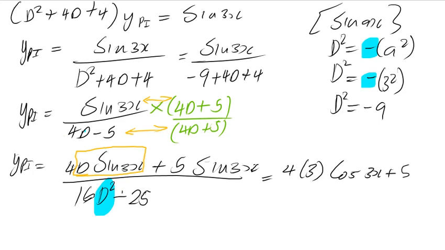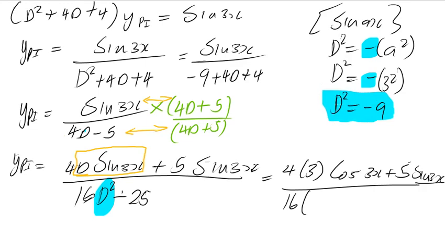You cannot do anything on that one, you just leave it as it is: 5 sine 3x, divided by 16 into D squared, which we already know is minus 9, minus 25.